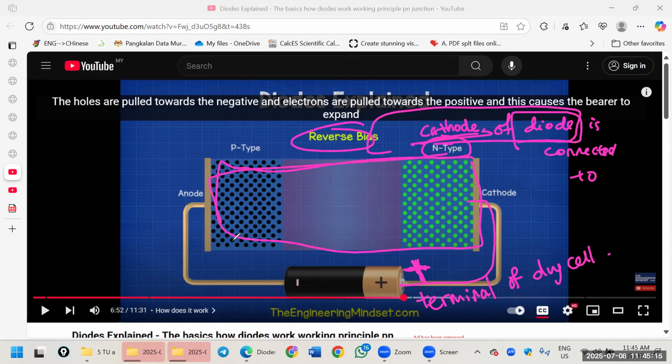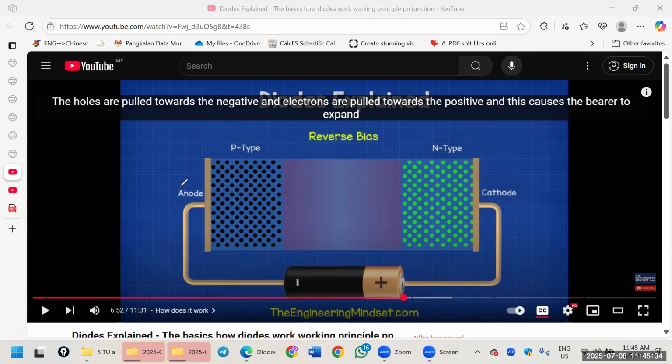The whole thing is called a diode. This thing is called a dry cell. A diode is actually made by joining p-type and n-type semiconductor together. Okay, a diode.